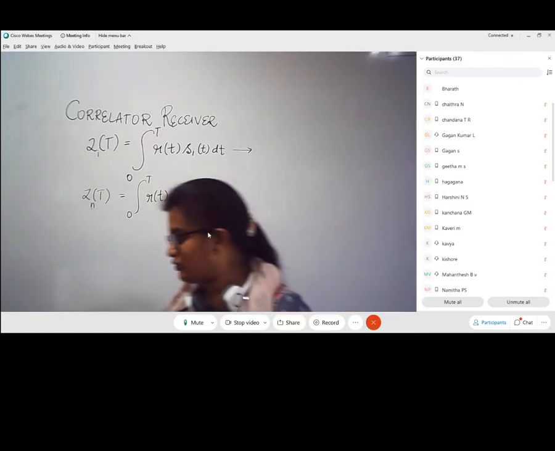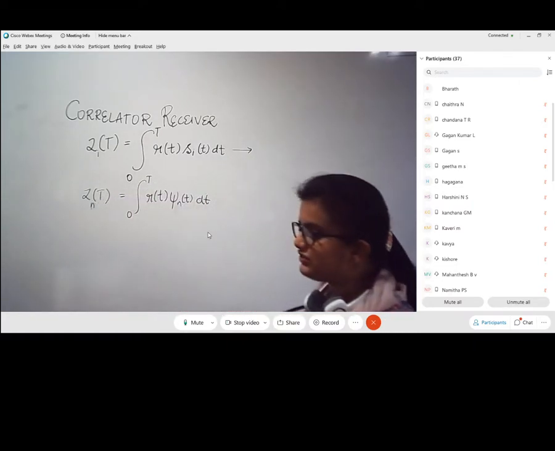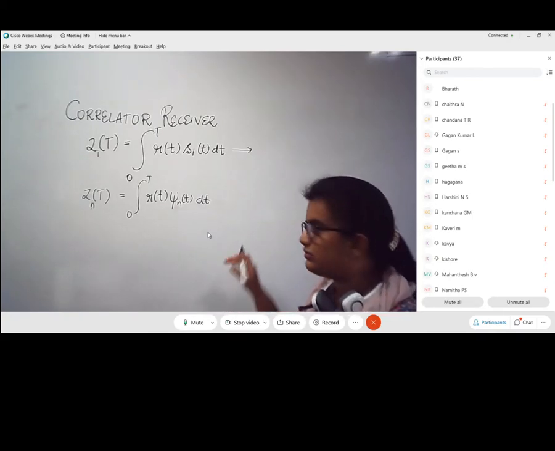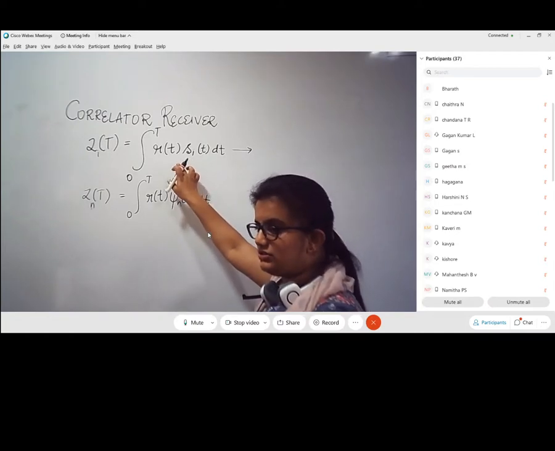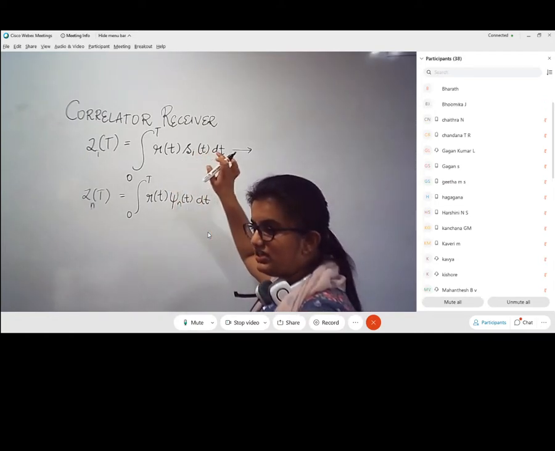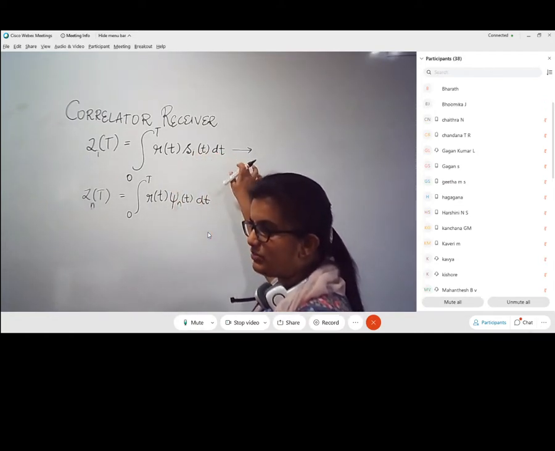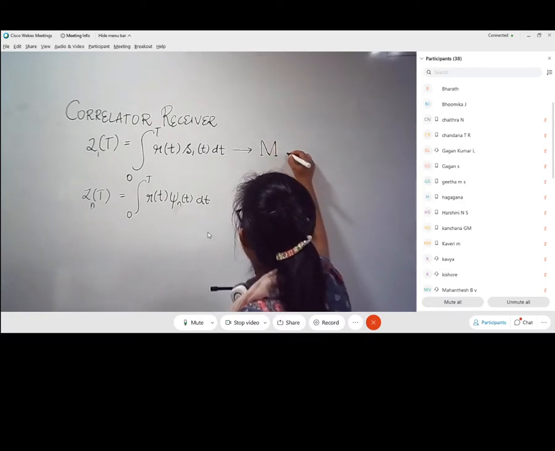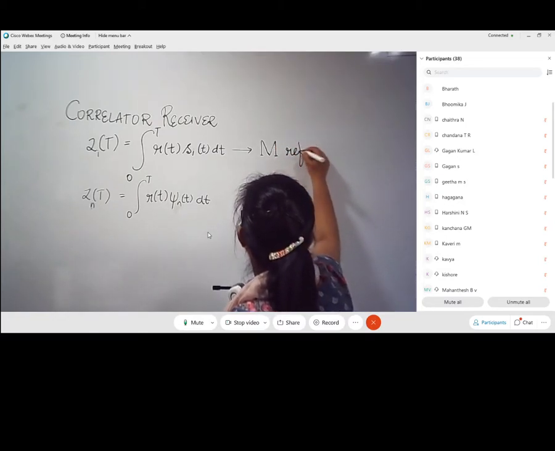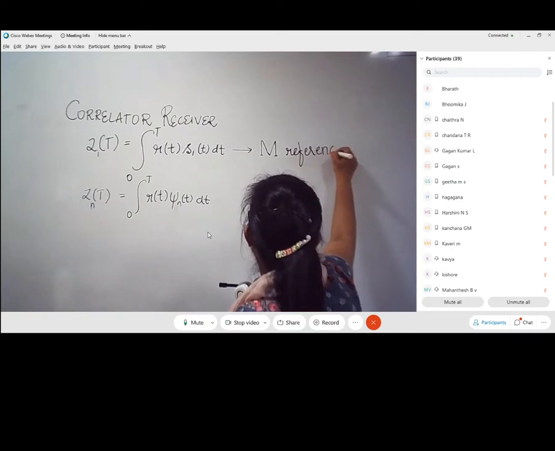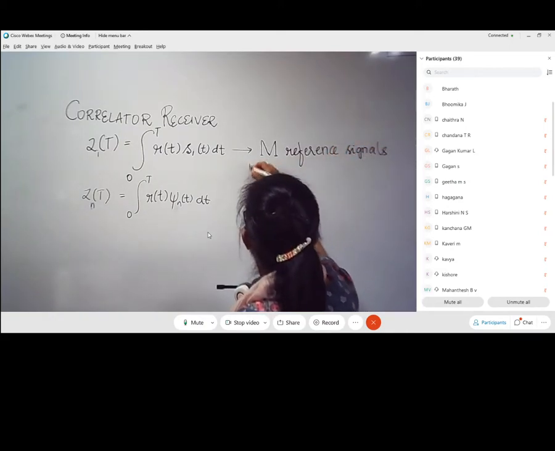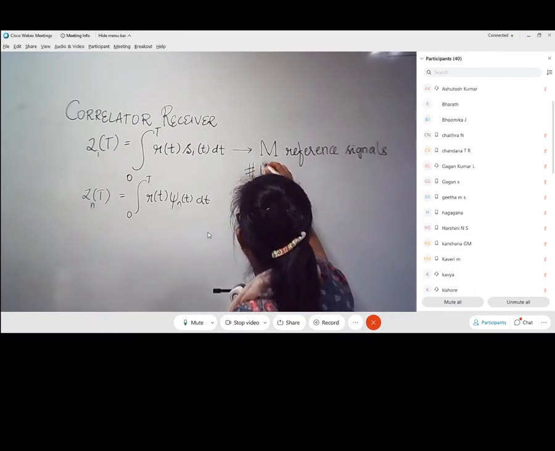Since I would know all the possible amplitudes of my received symbols, I can compare the received signal with each and every signal. By doing so, I am comparing the incoming received signal with M reference signals, which requires M number of correlators.